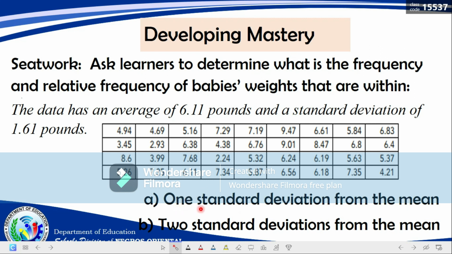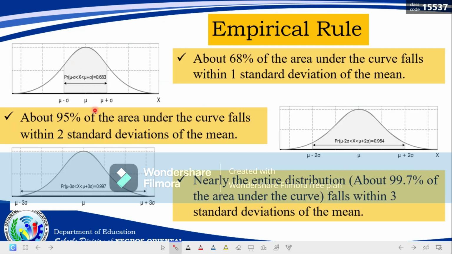Again, when we say one standard deviation from the mean, you are going to count the weights in pounds that correspond to the values between mean minus the standard deviation and mean plus the standard deviation. You need to solve those first: mean plus the standard deviation given, and mean minus the standard deviation given.